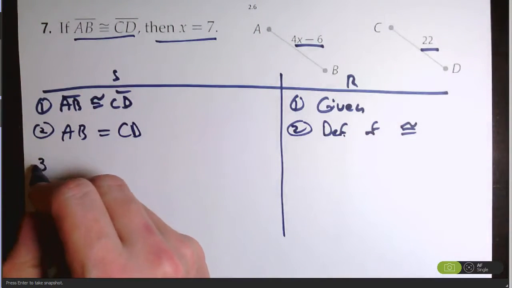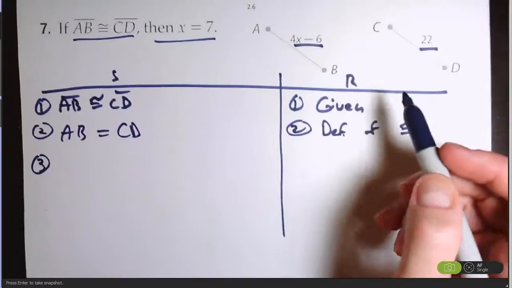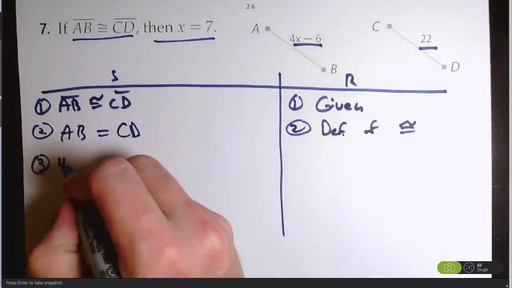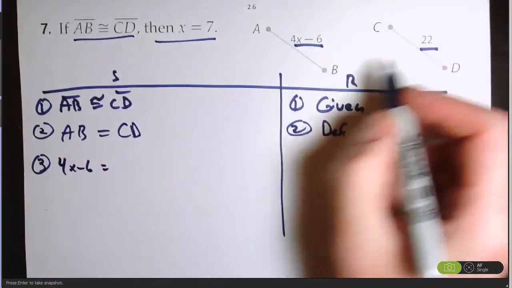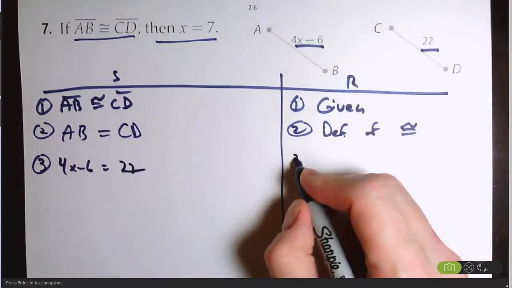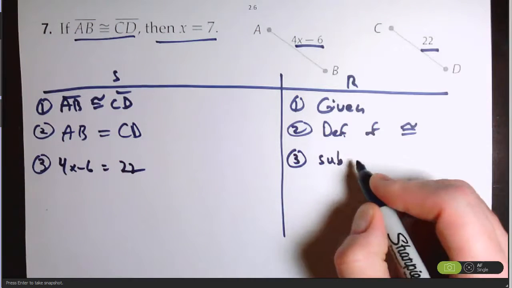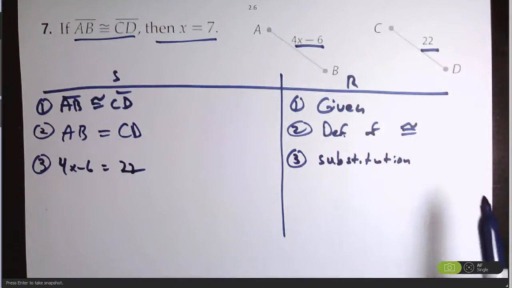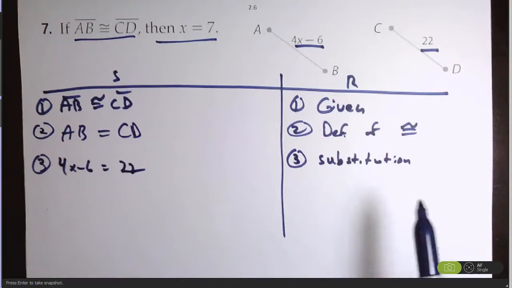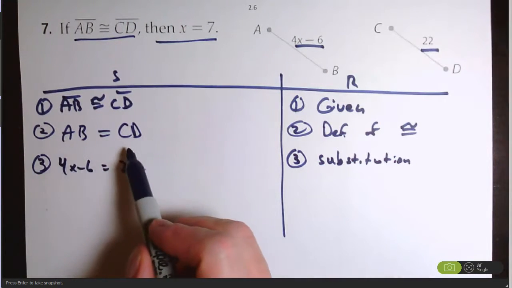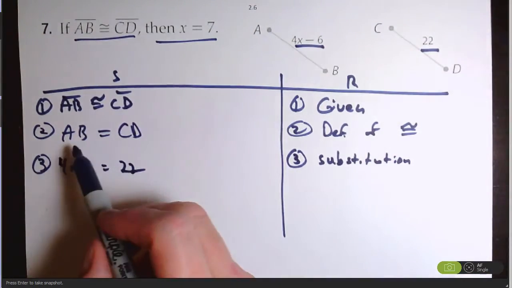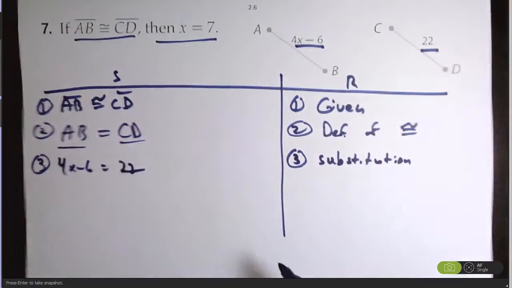Step 3 then says, now replace AB with 4x minus 6 and replace CD with 22. That is substitution. It's not transitive, because that would be AB equals CD, CD equals something; this is just flat-out replacing both sides with equivalent expressions.